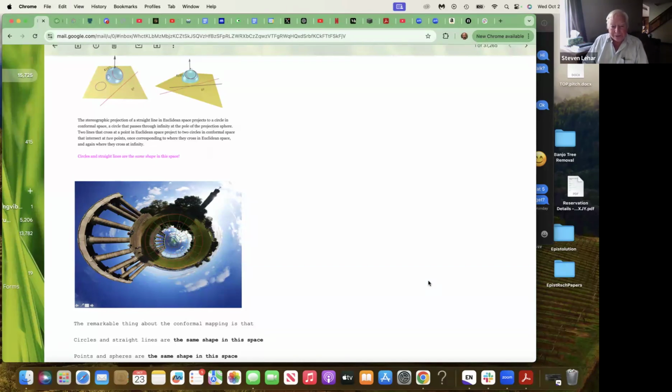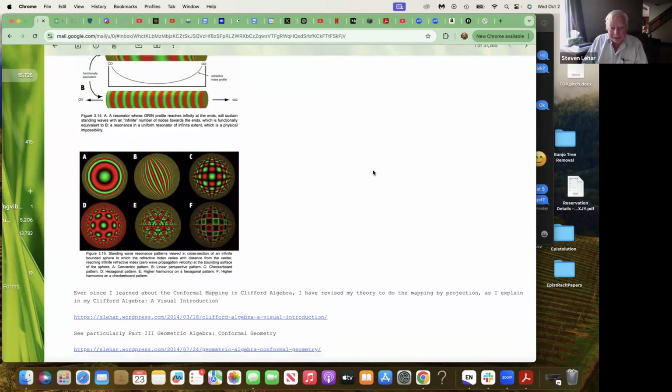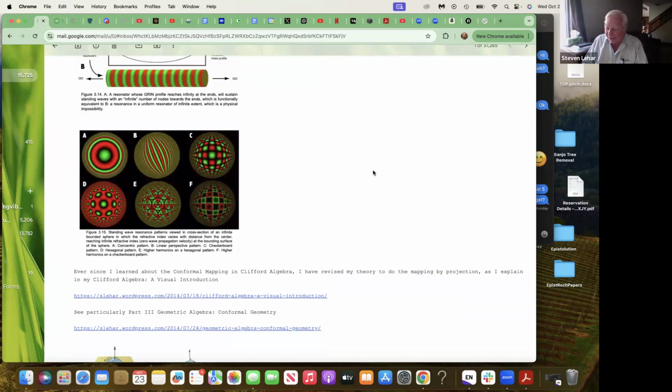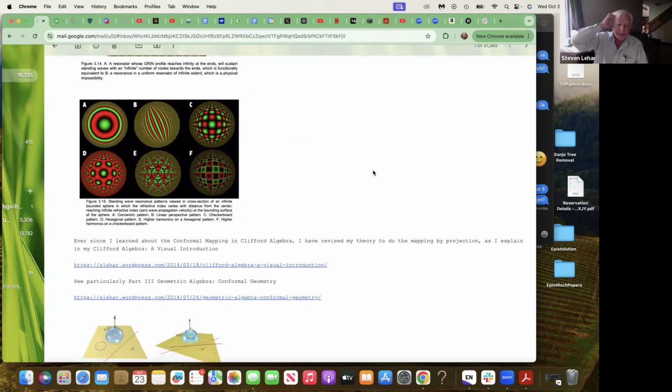There's 3 parts to it. The first part is just Clifford algebra. And my interest in it is that Clifford algebra is like a window into how the mind works. And there's 3 parts to the presentation: just Clifford algebra itself, then Clifford algebra with the projective geometry, and then finally Clifford algebra with the conformal geometry.